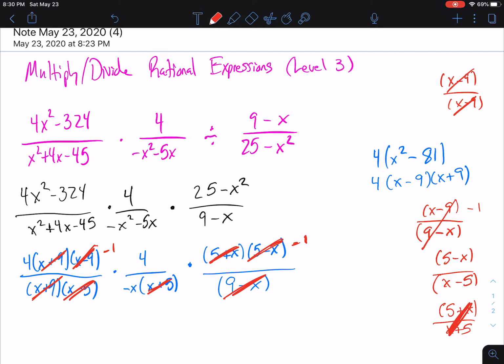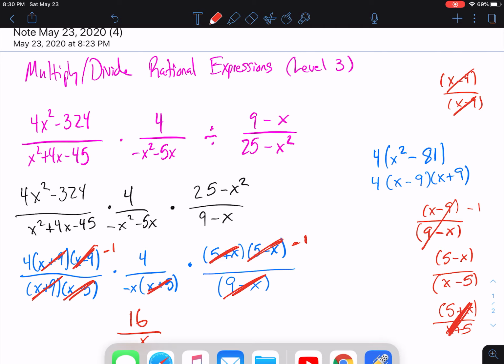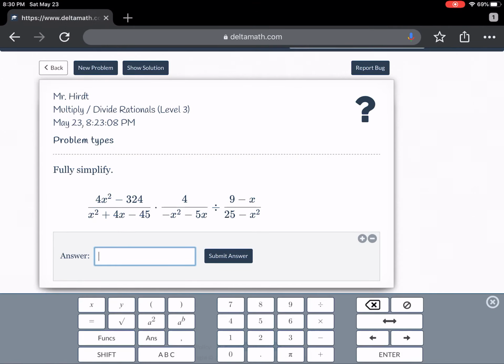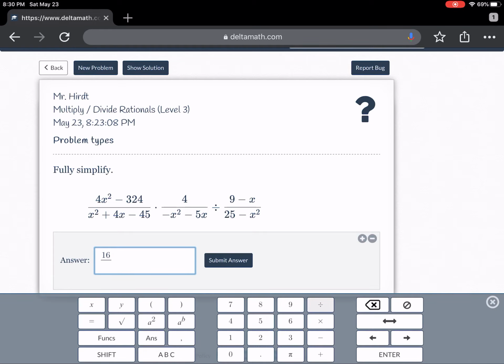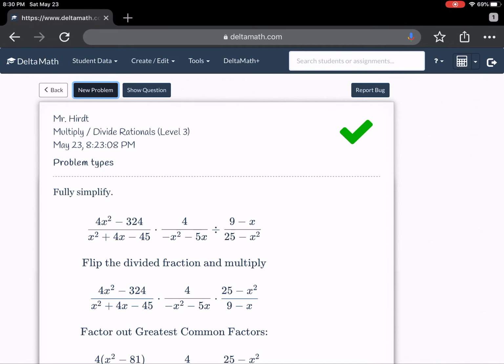Subtraction is not commutative. So that's what's happening there. Now I have a -1, a -1, and two 4s. So I'm going to multiply all those numbers together on the top, and I'm going to end up with positive 16. And on the bottom, I have a -x. So 16 divided by -x. And we'll submit our answer, and that's our answer.